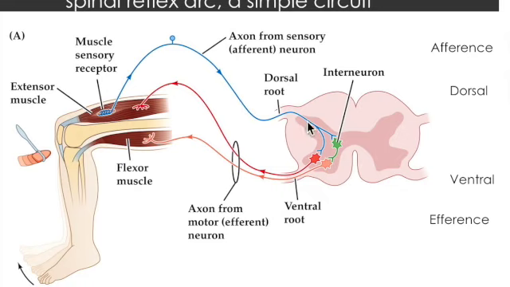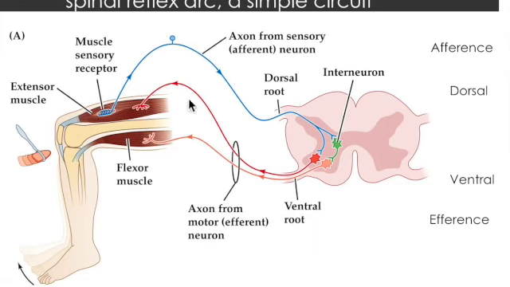The second output goes from the dorsal root of the spinal cord through an interneuron that flips the electrical potential of the input and converts it into the opposite response. That becomes another output that again goes through the ventral root of the spinal cord towards the flexor muscle.